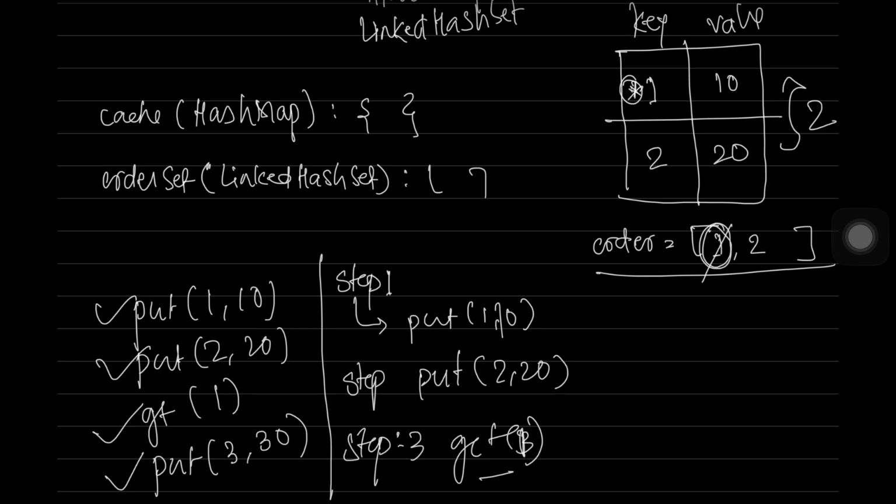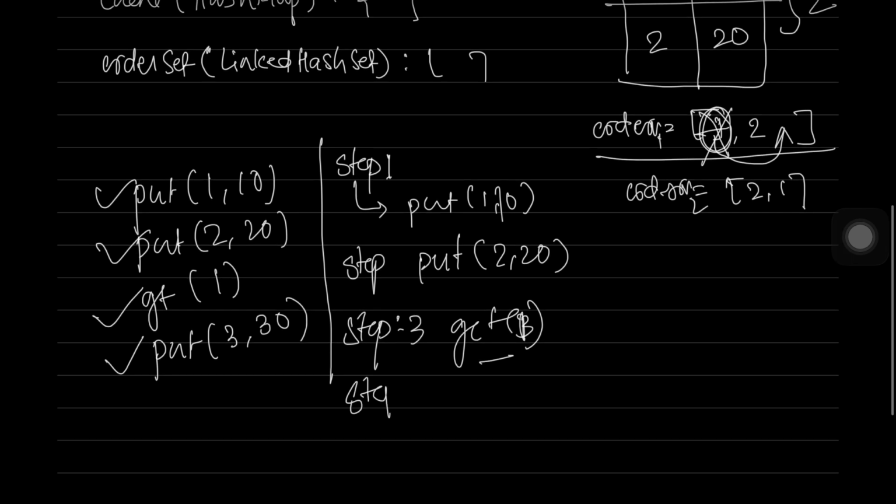In the order set, we remove it from whatever position it is in, and add it to the end of the list. So our order set will be 2 and 1. We are just adding to the end of the list.